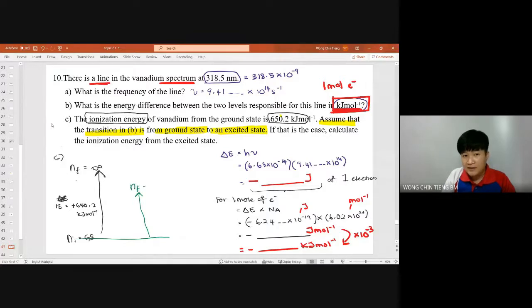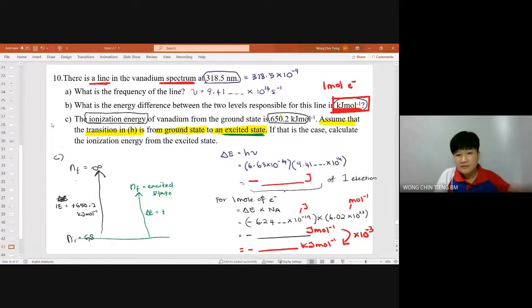Your N final is an excited state. And why do I know it is moving up? Why not moving down? Because of the words excited state. Excited state is always higher than the ground state. So moving from the ground state up to the excited state is the delta E that we calculated just now. Alright, we assume that value.